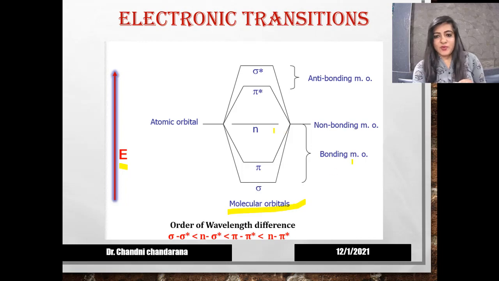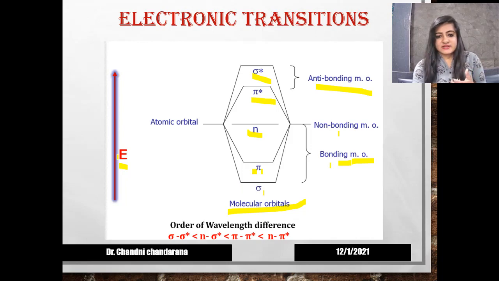This is the non-bonding molecular orbital, this is the bonding molecular orbital, and this one is the anti-bonding molecular orbital, pi star and sigma star. This is the energy difference, how much energy any transition will take, denoted by E.